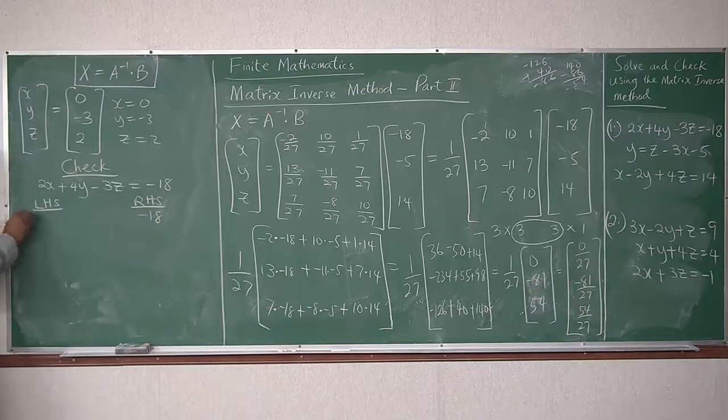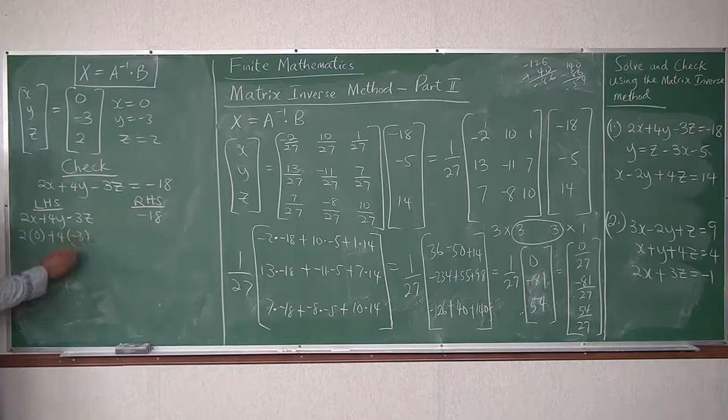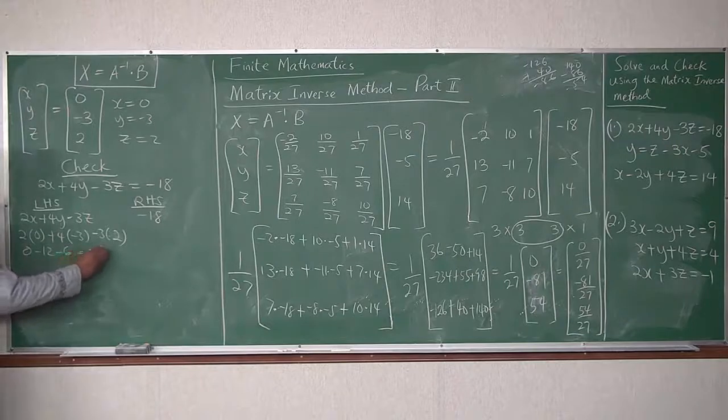Left hand side: 2x plus 4y minus 3z. So this is 2 times 0 plus 4 times negative 3 minus 3 times 2. So this is 0 minus 12 minus 6, and that is minus 18.